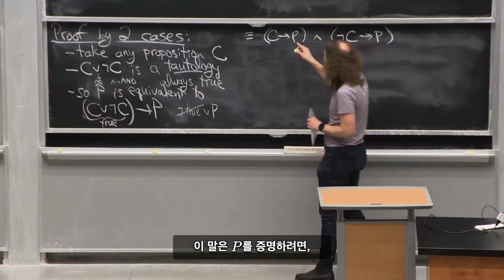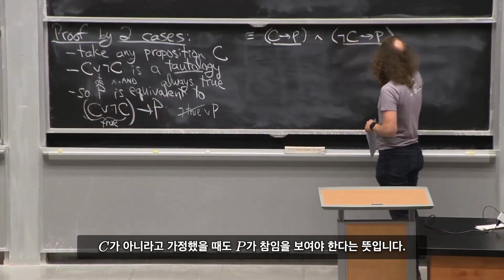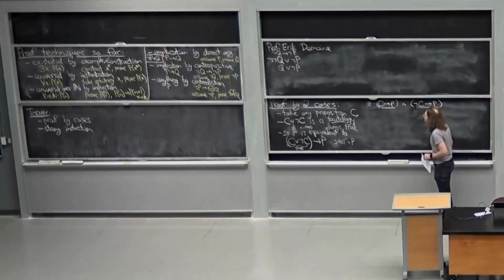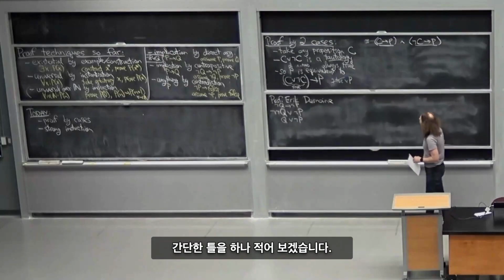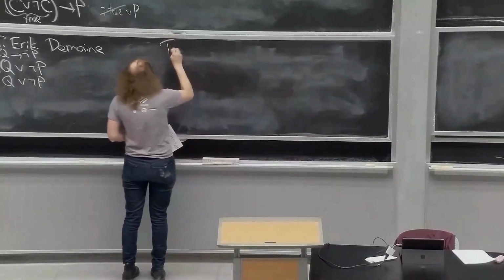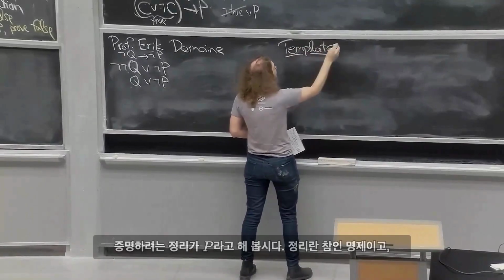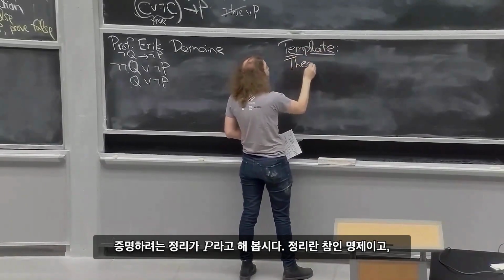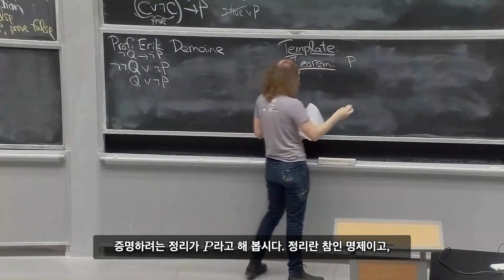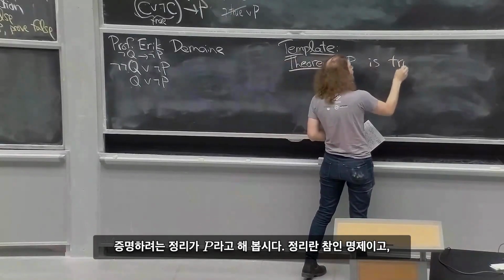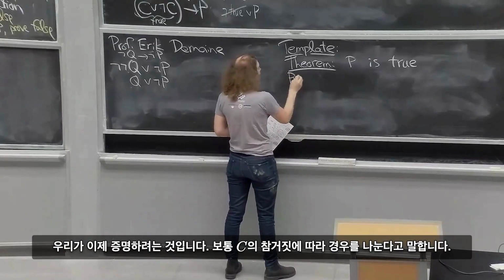What this is saying is, in order to prove P, we need to prove that P is true assuming C, and prove that P is true assuming not C. And these are the two cases. In a proof by cases, let me write out a little template for you. Let's suppose the theorem we want to prove is P. Theorem means something that's true and that we're about to prove.